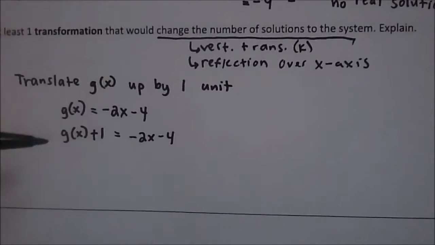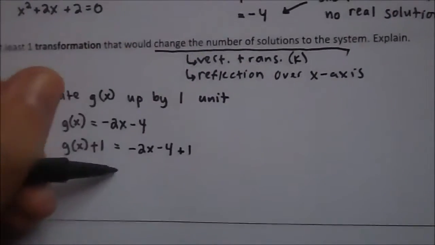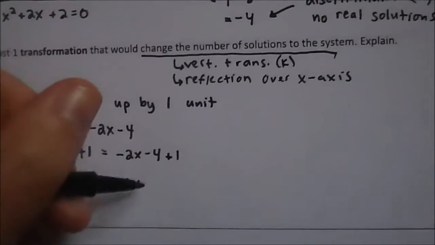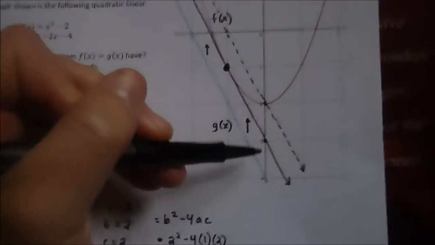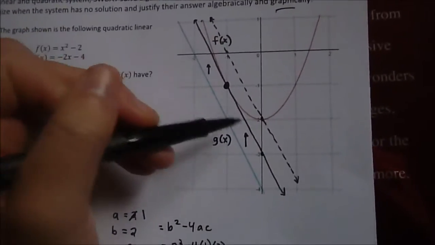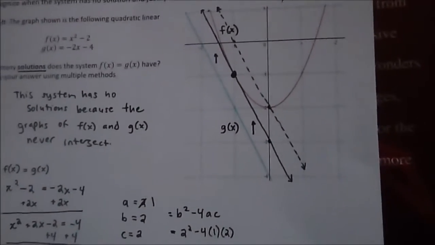I'm sorry, plus 1. We're adding 1 to the outputs, giving us a new equation of negative 2x minus 3, which matches exactly what we see in this solid black line here. When we translate our equation up to negative 2x minus 3, we do in fact have one point of intersection.